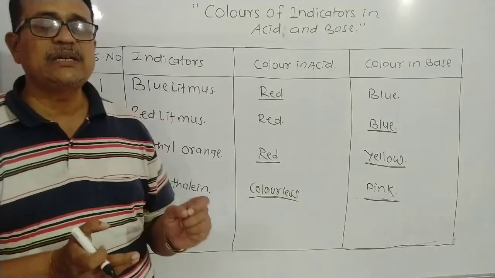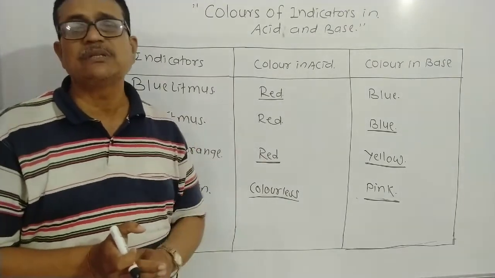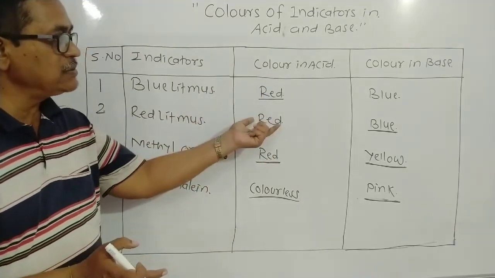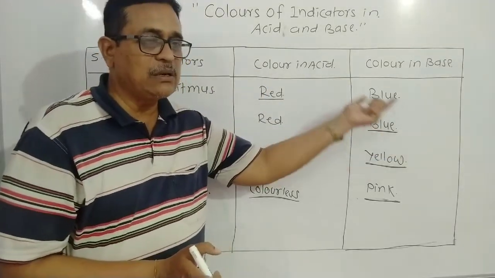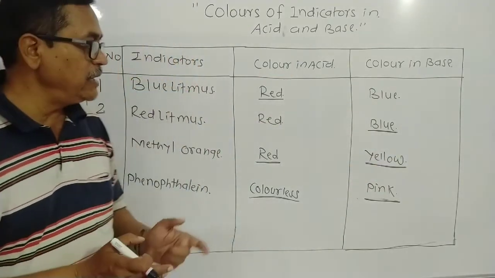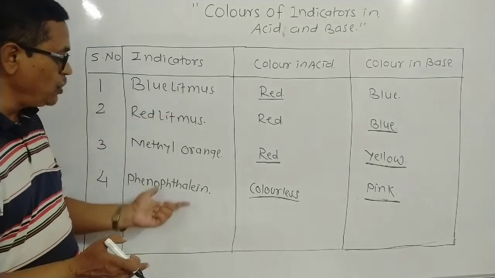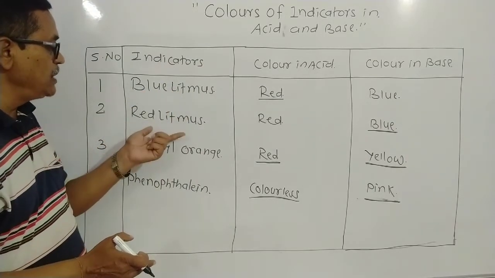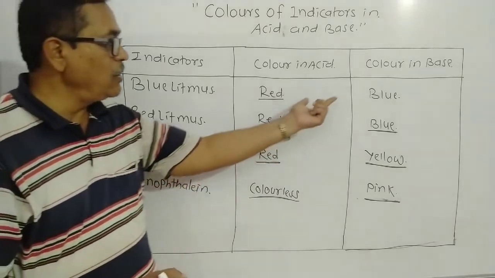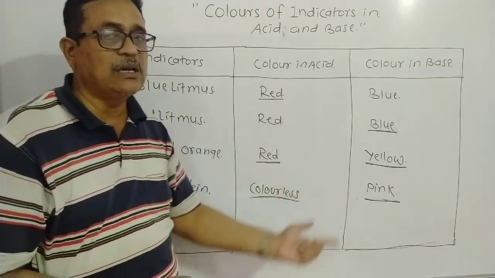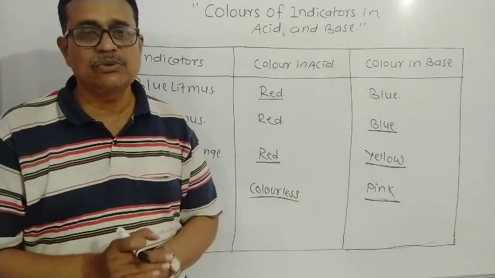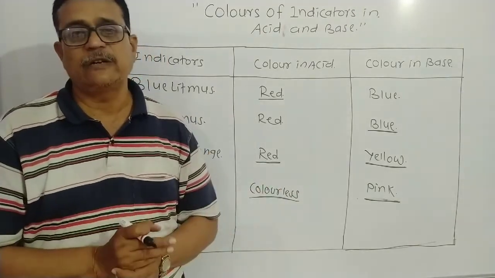But the nature, whether it is an acidic substance or a basic substance, acidic solution or basic solution, should be indicated by using these four types of indicator: blue litmus, red litmus, methyl orange and phenolphthalein. And according to such a table, due to change in color, we identify the acidic and basic nature of the solution by using all these indicators.